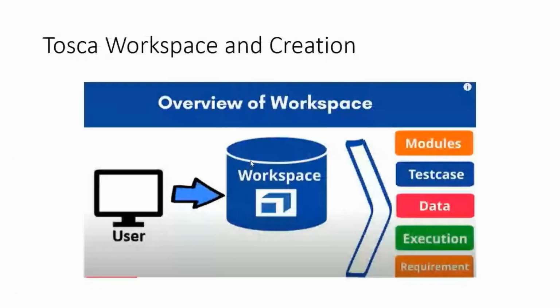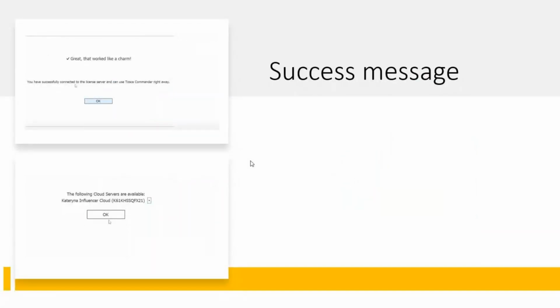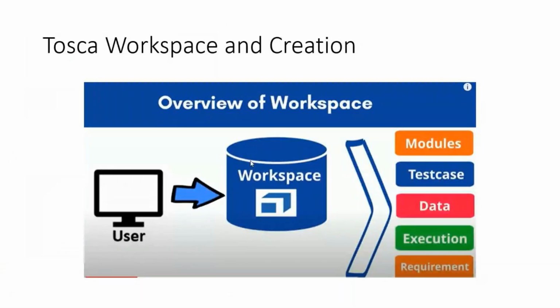Now that we have installed Tosca, we know how to install Tosca. We'll see how to create a workspace and how things go on in a workspace and how this creation process works. Here we'll be guiding you to create different types of Tosca workspaces to start our hands-on on the first automation project that we'll be creating.